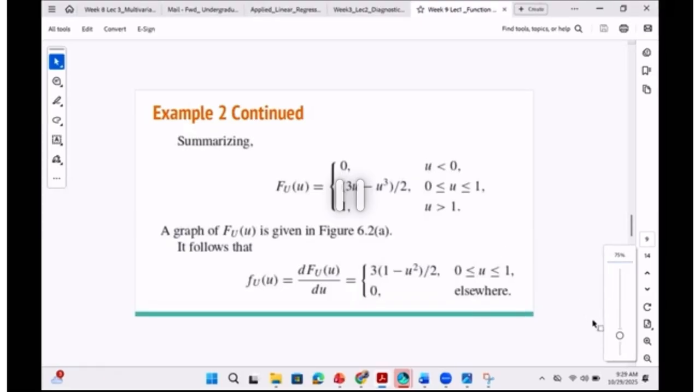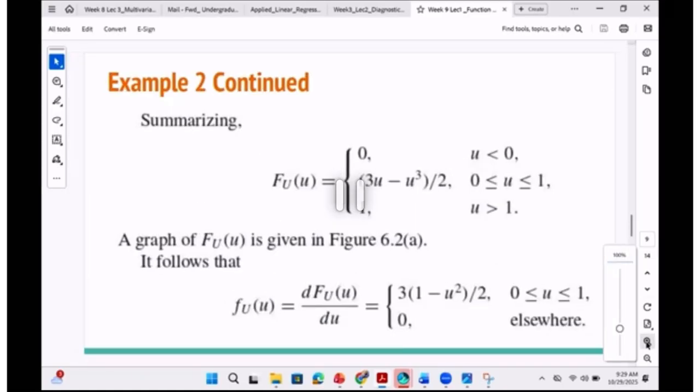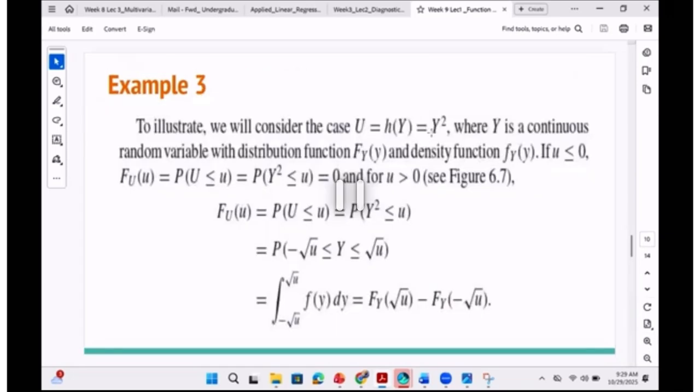Now, the next thing I want to talk about is another example.